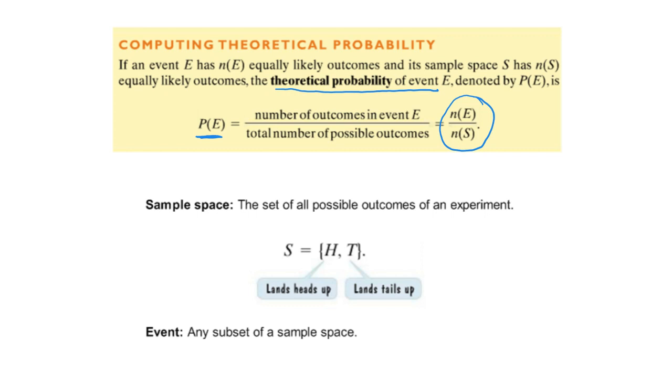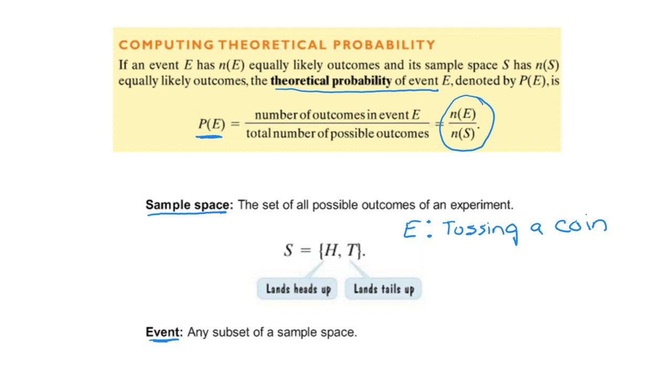So let's take a look at some of the definitions here. Sample space: the set of all possible outcomes of an experiment. Event: any subset of a sample space. Boy, chapter 2 is coming right back to us, isn't it? All right, so let's look at this example. Right in the middle, it says S is equal to H, T. In this case, I would define my event, and I'll just call it E, as tossing a coin.